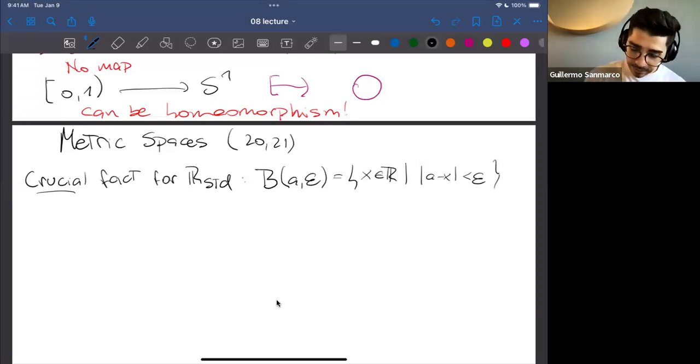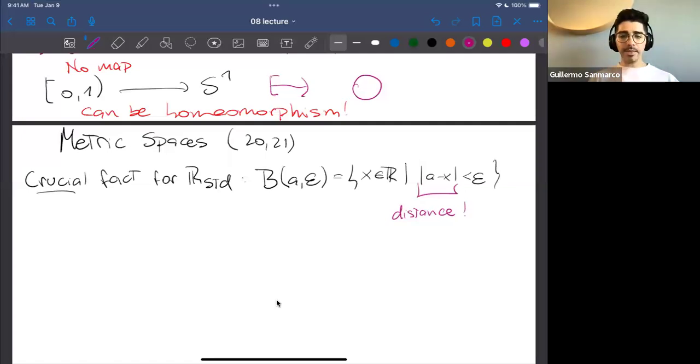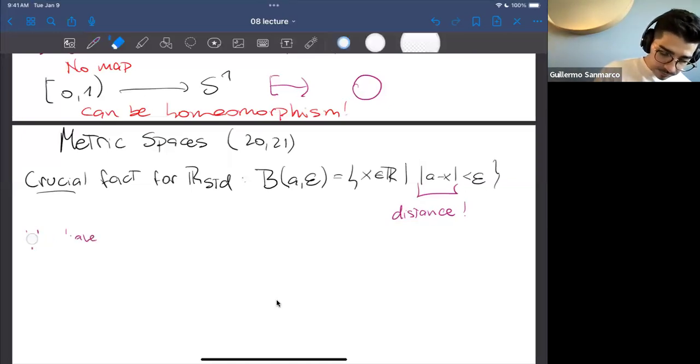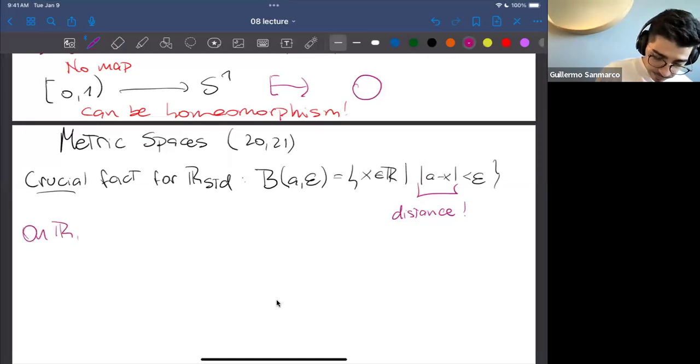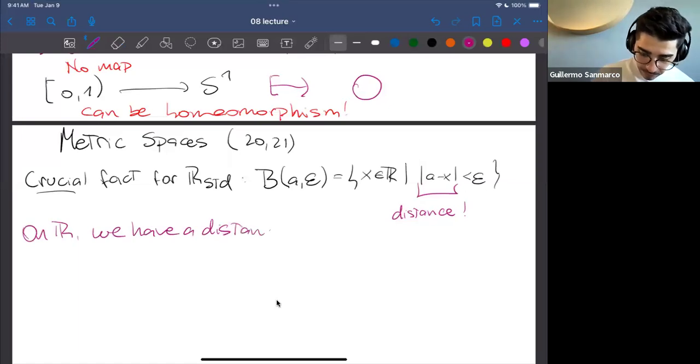And the crucial thing is that we have this notion of distance, the distance from a to x, and that's all we need. So let's say we have a distance function on R: if you give me two points, I know how to compute its distance.